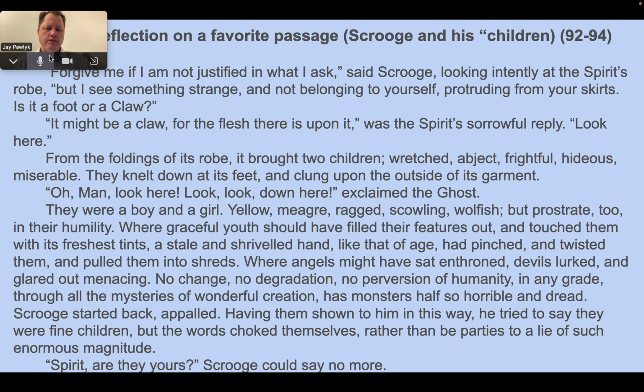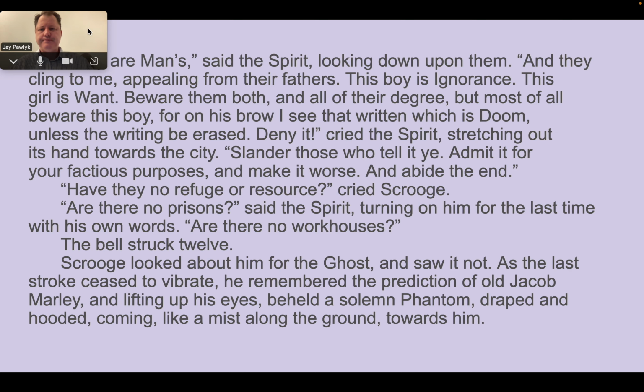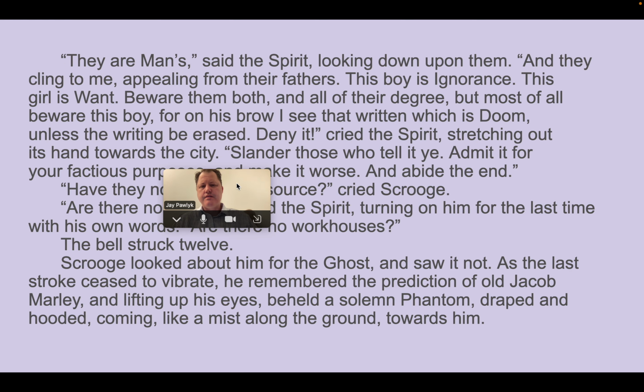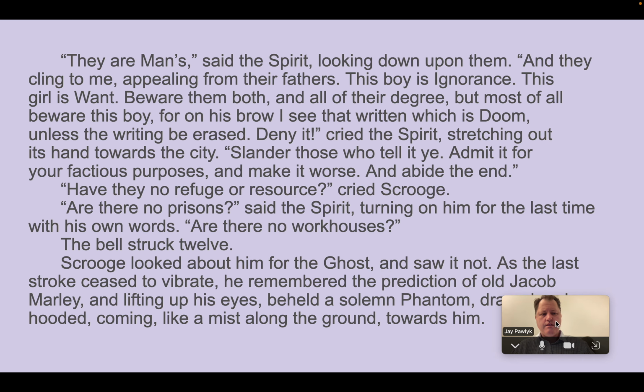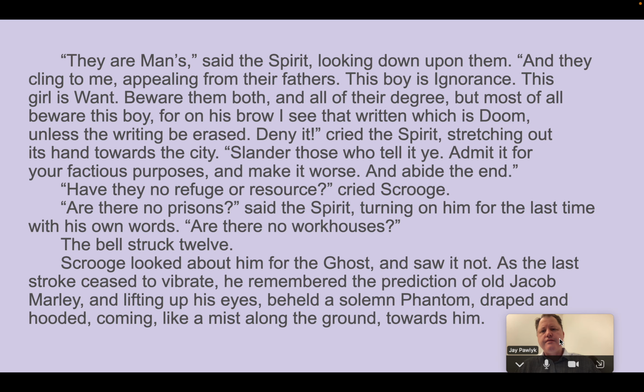"Spirit, are they yours?" Scrooge could say no more. "They are man's," said the spirit, looking down upon them. "And they cling to me, appealing from their fathers. This boy is ignorance. This girl is want. Beware them both in all of their degree, but most of all beware this boy, for on his brow I see that written which is doom, unless the writing be erased."